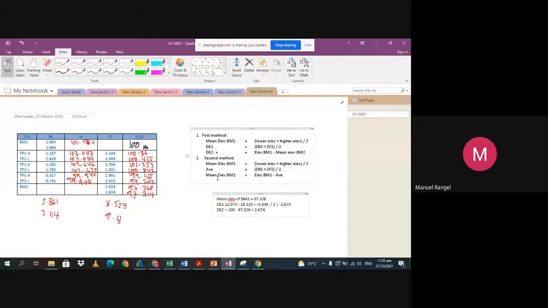Then the mean elevation of BM2, 97.326 minus the average. So mahulog siya plus 97.